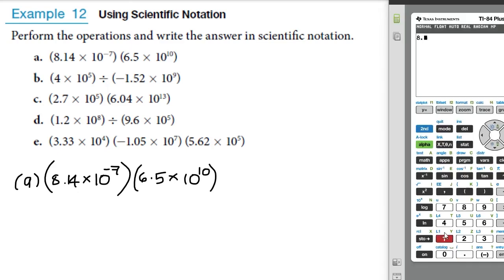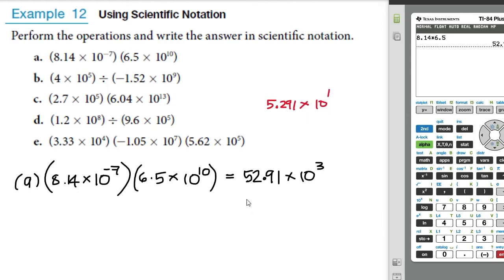So 8.14 times 6.5, and that'll give me 52.91 times 10. Now I've got to add the exponents on the 10. Negative 7 plus 10 is going to give me 3. But this is not in scientific notation. It's 52, and that would need to be 5.291 times 10 to the power 1.